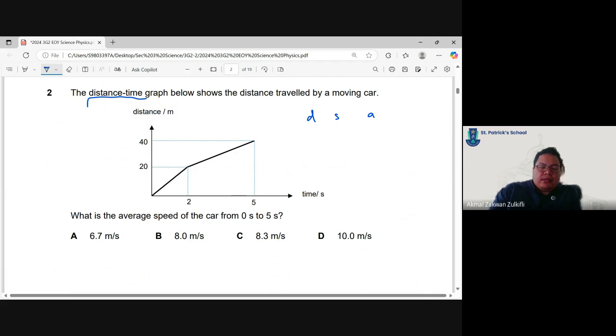Then we know it's a distance-time graph, so you go and circle D. For information, we can get the distance, and we can also get the information about speed. But how do we get it?